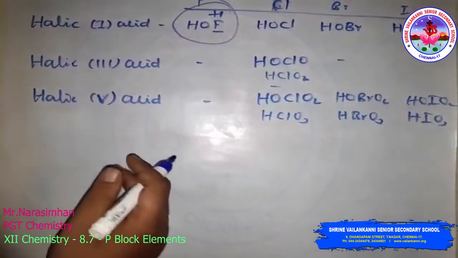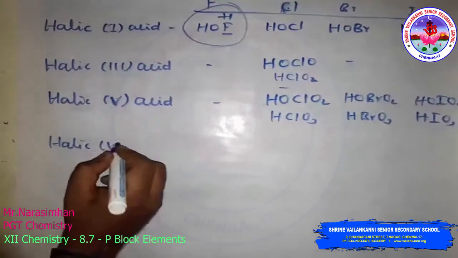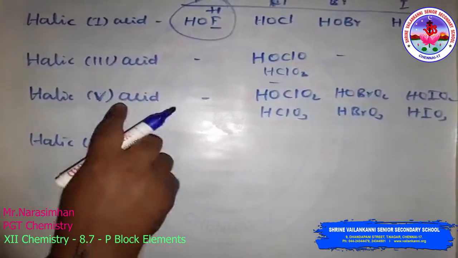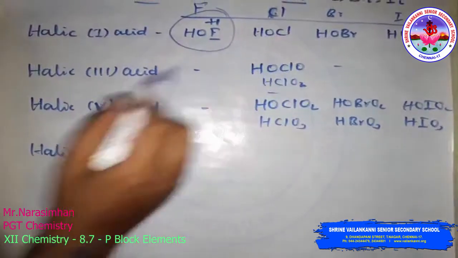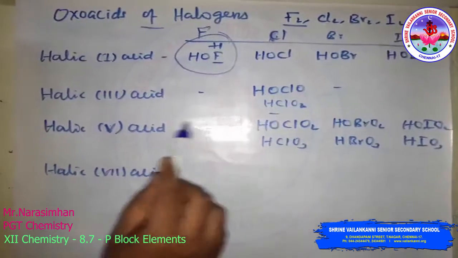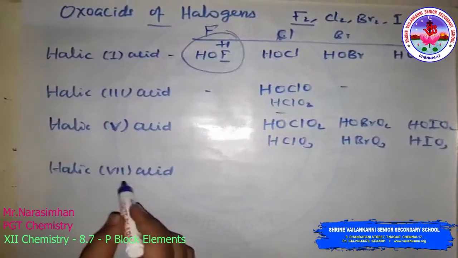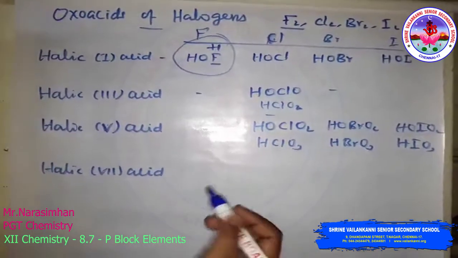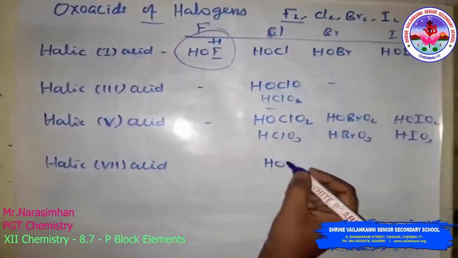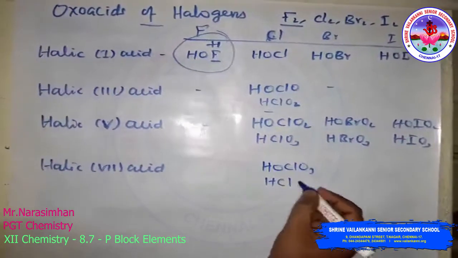Then halic 7 acid. The halic 1 acid indicates the +1 oxidation state. Halic 3 indicates chlorine in +3 oxidation state. Halic 5 is the +5 oxidation state for chlorine, bromine, iodine, and here +7 oxidation state is HClO4, perchloric acid, that is HOClO3 or HClO4.